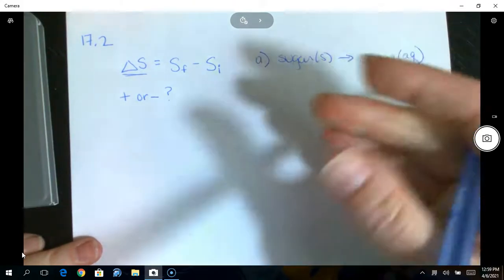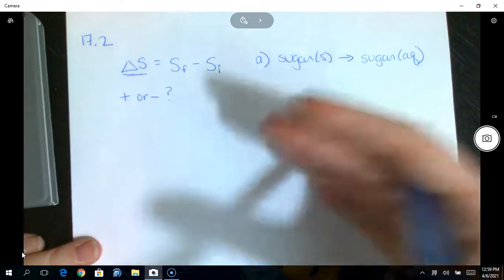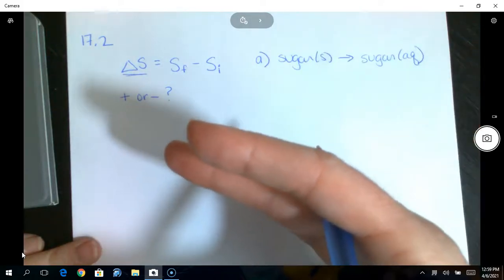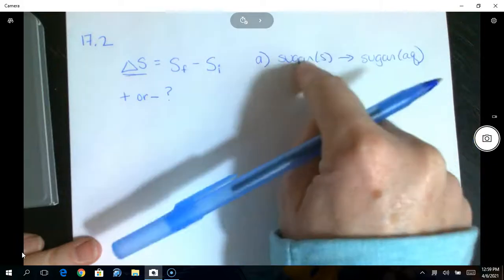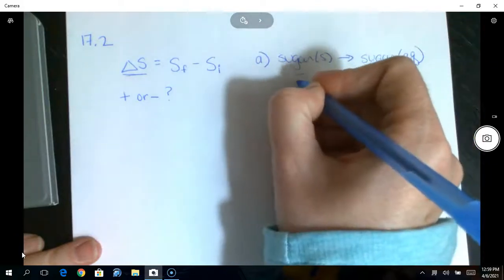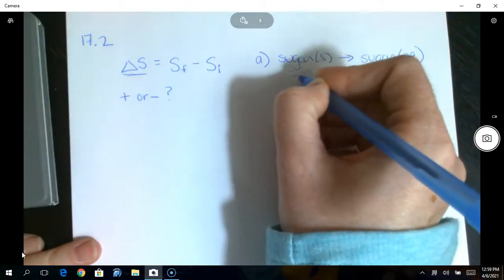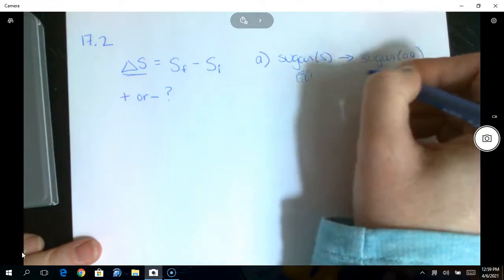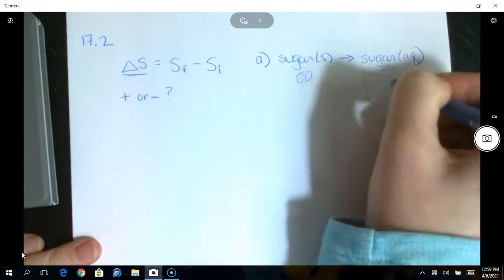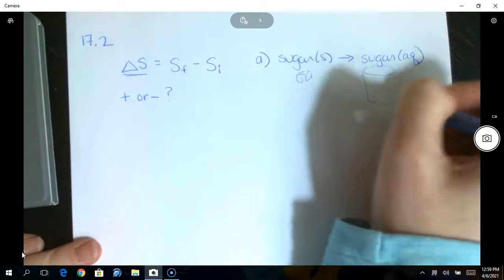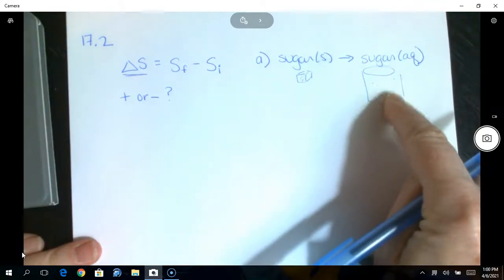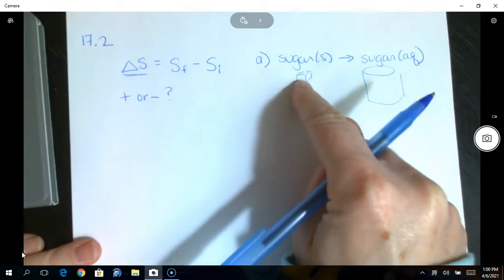So we're saying, does the entropy increase or decrease in this situation? Think of it as disorder. So as you have this solid sugar, it's going to be like in a cube, right? It's all packed together. Versus then you're going to put it in this warm water, and all the particles are going to be moving around. So you have more disorder here, less disorder here.